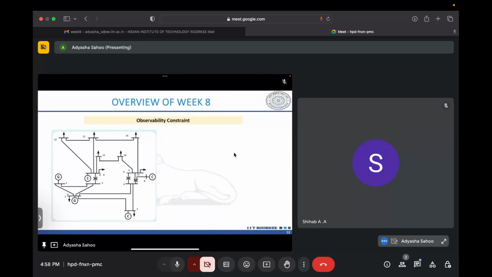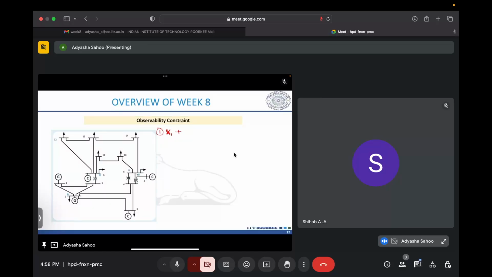So let's say for bus one, what we write is this: x1, where x is basically your binary variable. So x1 plus, you see which are the lines connected at bus one.